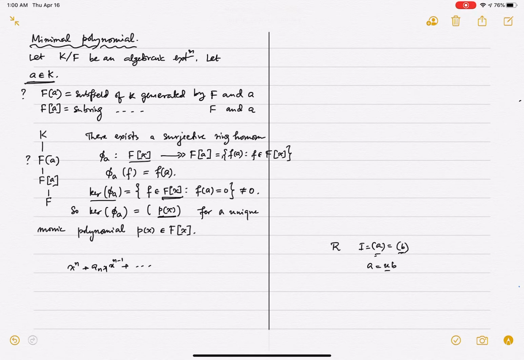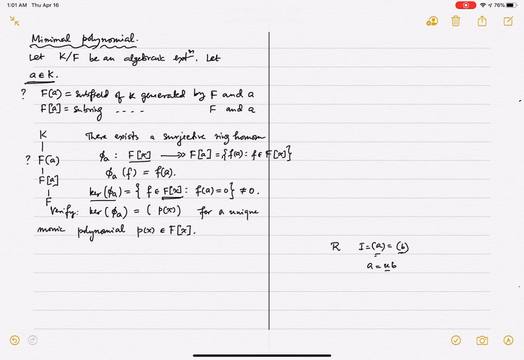Take this as an exercise, if it's not clear. Think about it a little bit, you'll see it. The only freedom of choice we have for this little p is an element of capital F. If you have one generator, then any generator will be a scalar multiple of it. So if you insist that the top coefficient is 1, then there is no freedom at all.